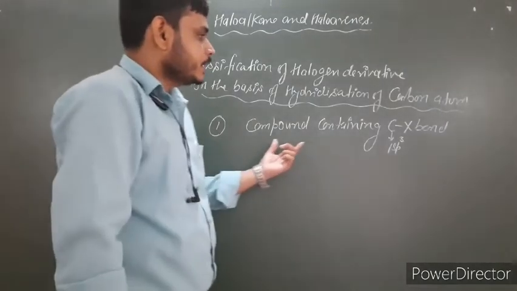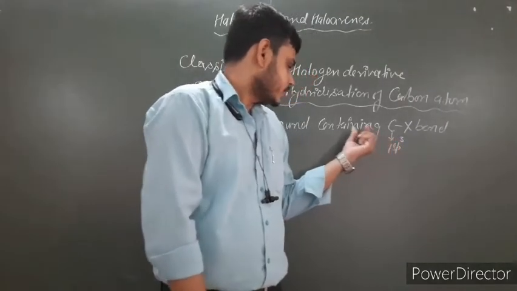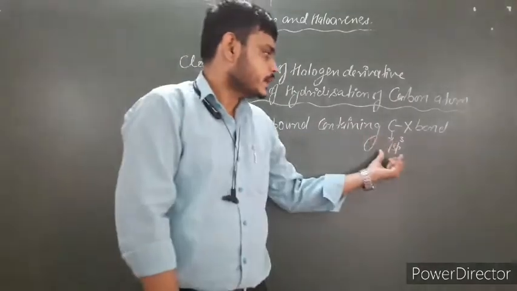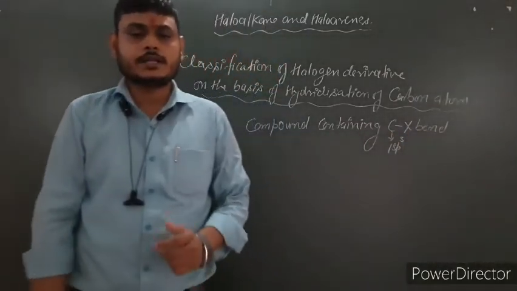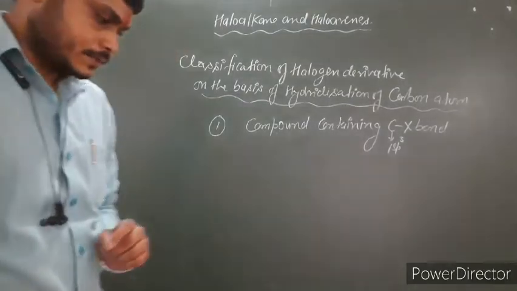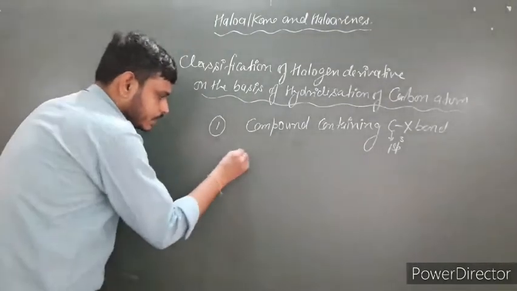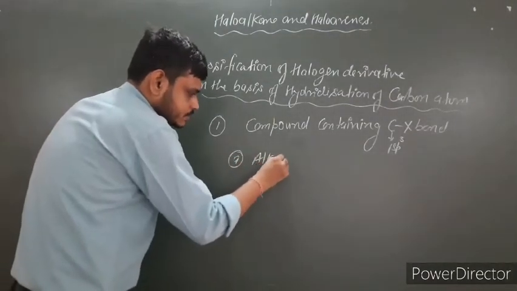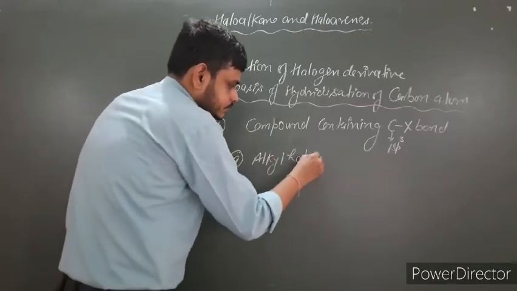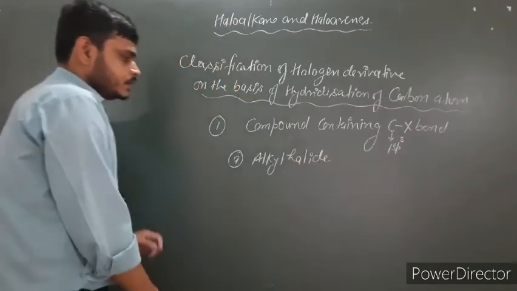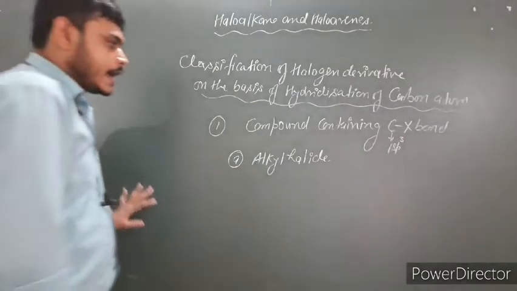It is further classified into three types. First is the alkyl halide. It is also known as haloalkane.